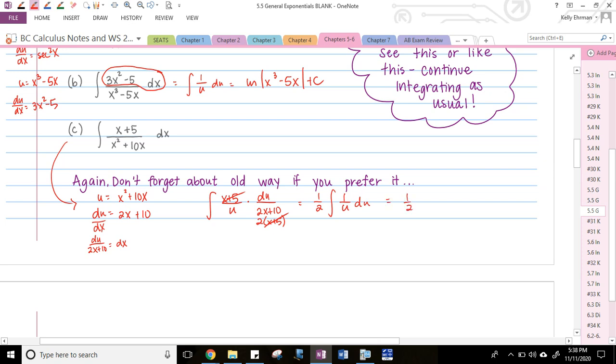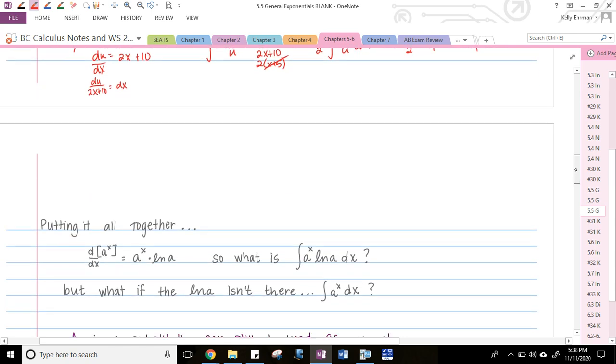So you have 1/2 times the natural log of the absolute value of x squared plus 10x plus c. You don't have to do this old way. It is a bit longer. It takes more writing. But that's just if you're not seeing clearly, like, oh, I just need a 2 here, and then I balance it with 1/2. If this whole balancing idea doesn't make sense, you can always do this, and it will work just the same.